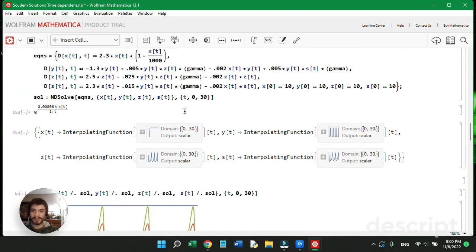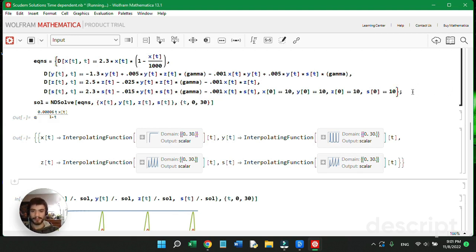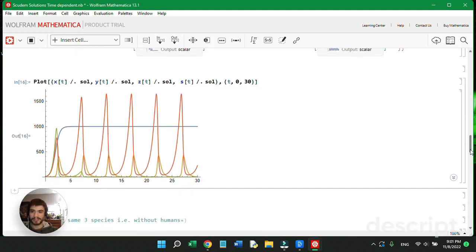If human beings decrease the amount at which they cause a decline in the other two species, or the other three species population, and plot that, it interestingly enough causes a solution where one of the species dies out and the other two species fall into a new equilibrium.